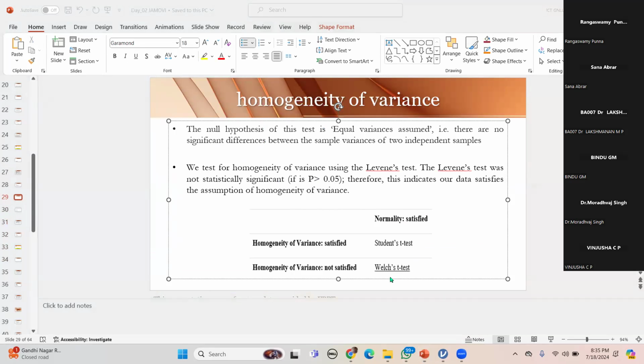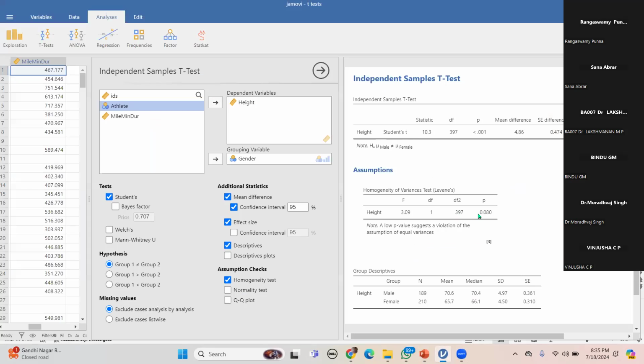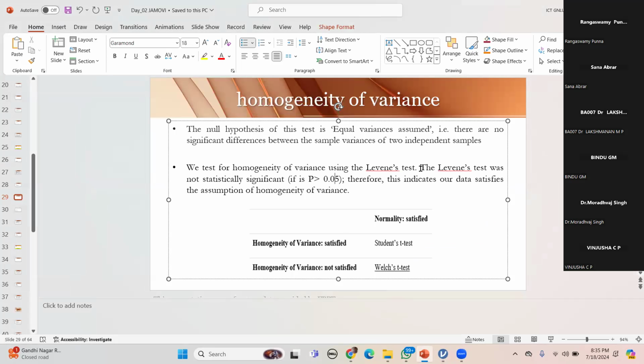Our value is 0.08, which is greater than 0.05. It means it is not a statistically significant difference, so we are assuming there is equal variance among the groups. Levene's test was not statistically significant.